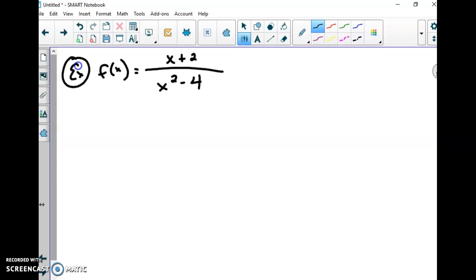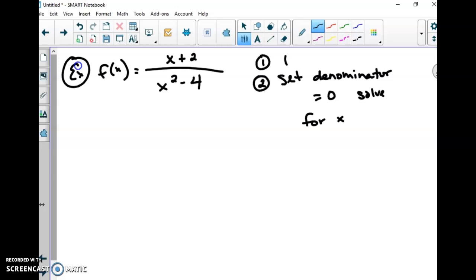Now, a lot of people will look at this and think, okay, first thing you want to do is set the denominator equal to 0, solve for x. Generally that's what you want to do. However, because you have an x squared, this is technically your second step. Your first step is to factor, because sometimes things will cancel out and you might have a hole or a removable part of the discontinuous function.